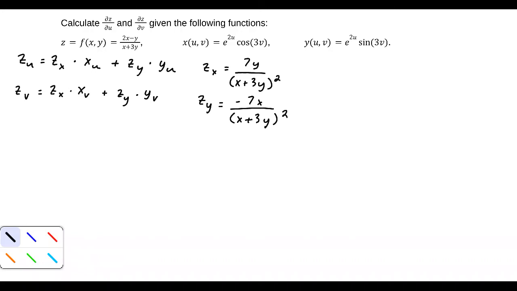Now we know that x and y are functions of u and v, so we will substitute those functions into z sub x and z sub y in just a moment.